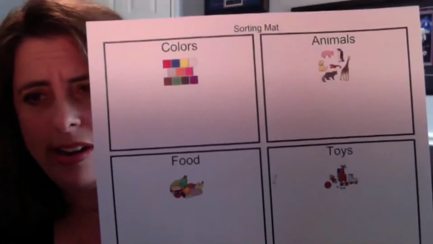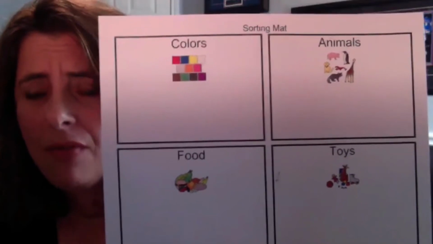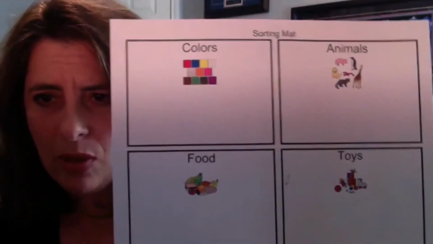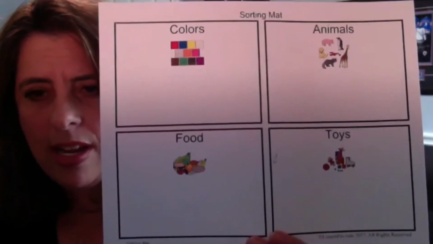How they are used. One other that I use, again, I have my wide variety of skills and abilities. It's just really easy. Sorting. I made this one, the CAFT sorting: colors, animals, food, and toys.